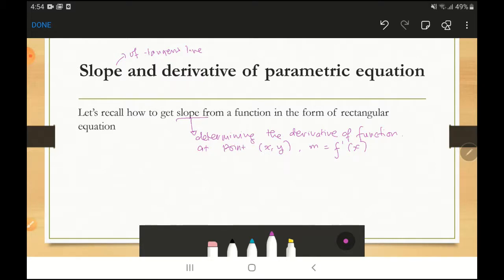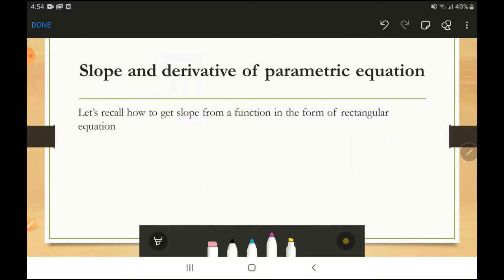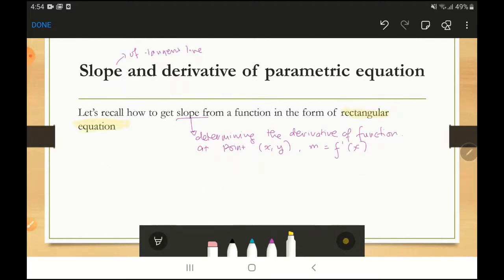So that's what we learned before. But this is in the form of a rectangular equation, like y equals something, or we can say it's a function of x.